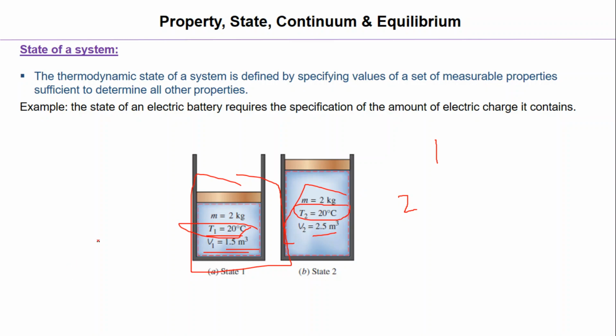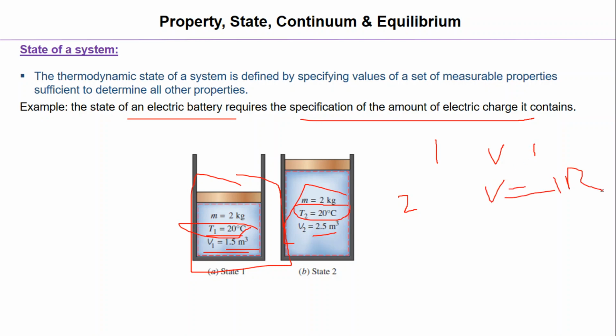But the minimum number of required characteristics or properties may change. In case of two-phase flow it is different. This we will discuss in detail in the upcoming lectures. Like if we go for an electric battery, we need to have some specification, like what is the voltage or current, or either of the two, because V equal to IR.